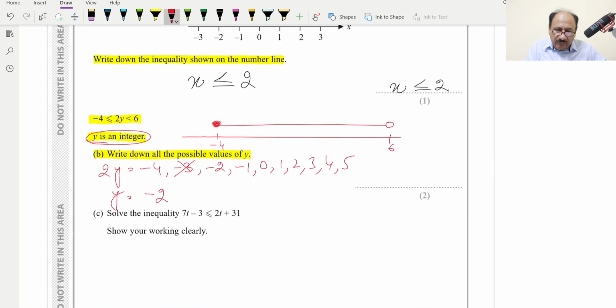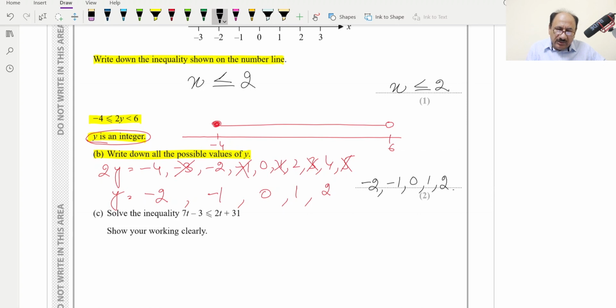And similarly we will divide -2 by 2, so it will be -1, and we will accept this. 0 we can take, 1 we will reject, then we can take 2 divided by 2 will be 1, and 3 we will reject, and 4 divided by 2 will be 2, and 5 will be rejected. So these will be the values which we can separate with the comma, and we can write answer as -2, -1, 0, 1 and 2.